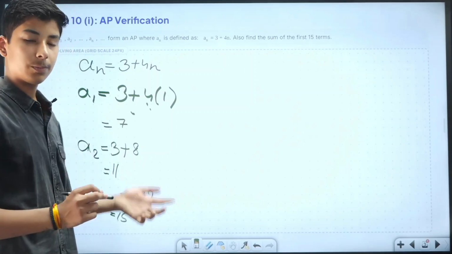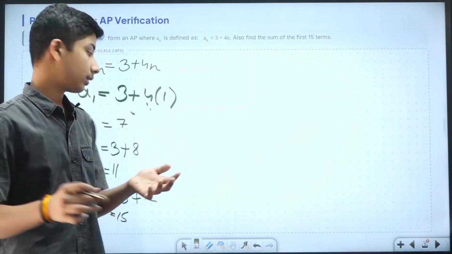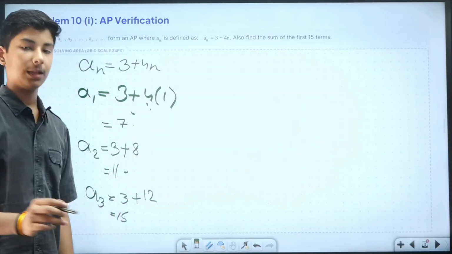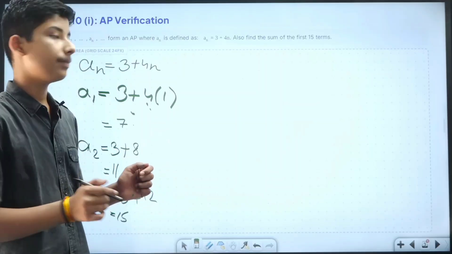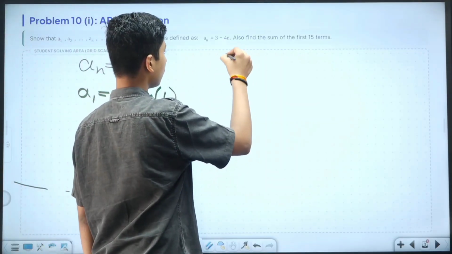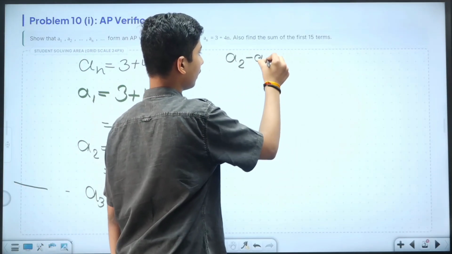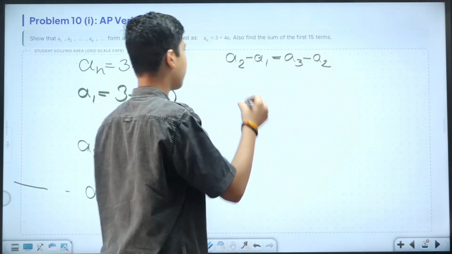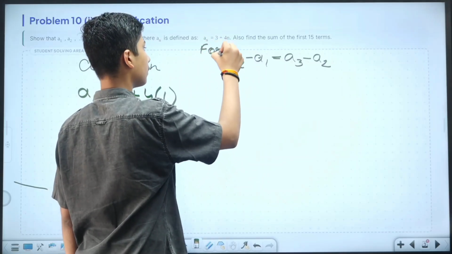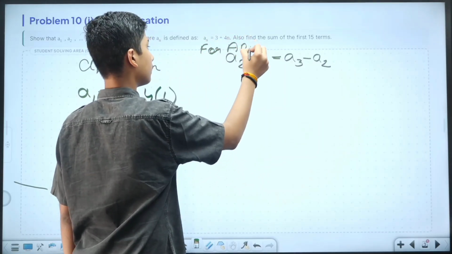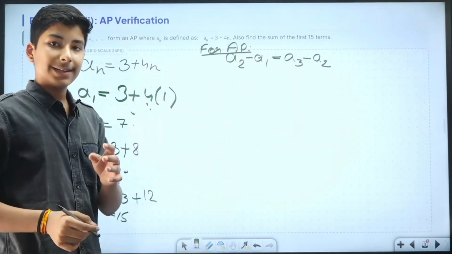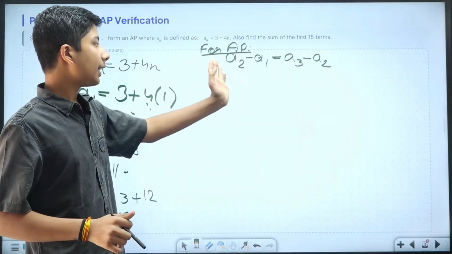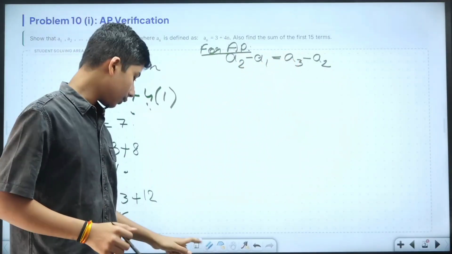This is forming a sequence, but to verify this, to show this, what we will do? We will subtract 7 from 11 and then 11 from 15. If the difference comes the same, then this is an AP. So, A2 minus A1 equal to A3 minus A2. Here we will write for AP, to show that the following sequence is an AP, we will have to show that A2 minus A1 will be equal to A3 minus A2.